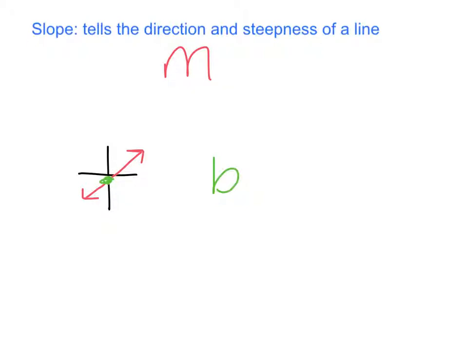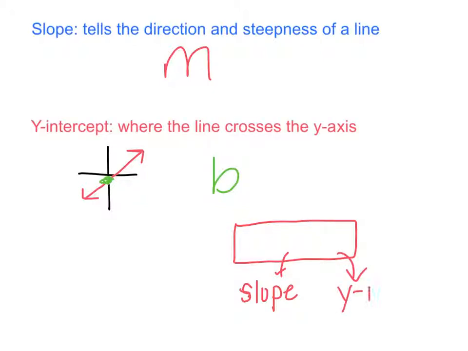There are two different forms of equations we're going to talk about in this video. The first one is slope-intercept form, where it's y equals mx plus b. And the two letters we just talked about, m stands for slope, and b represents the y-intercept.